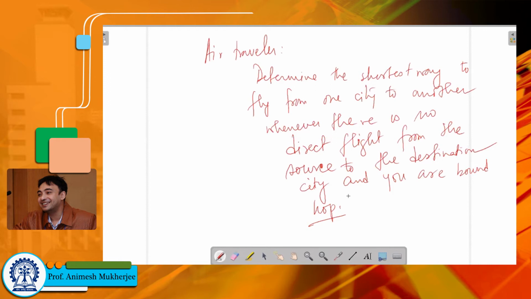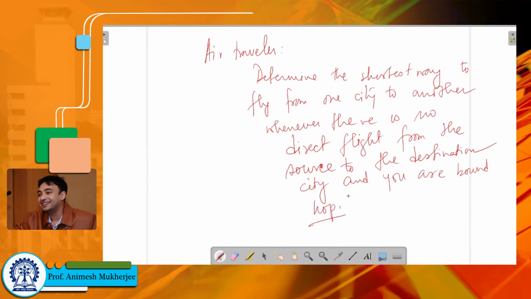Now this minimum, as I said, could be in terms of distance. You might be interested in covering the minimum distance possible, or this could be in terms of flight cost. Maybe you are willing to pay a little bit less, but then travel for a little bit more time.